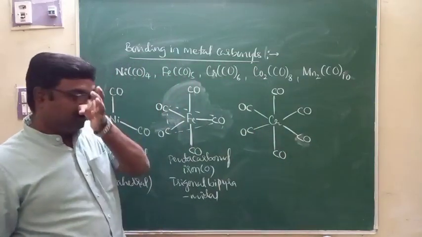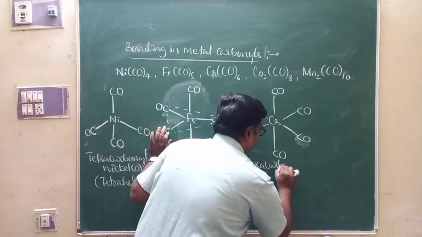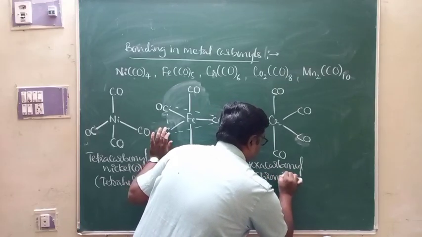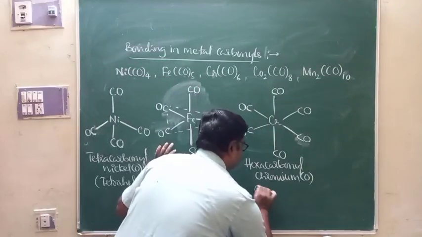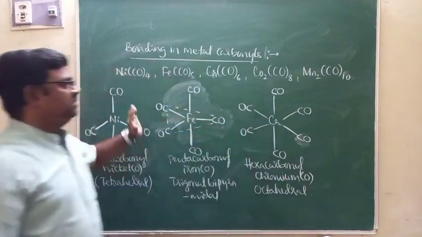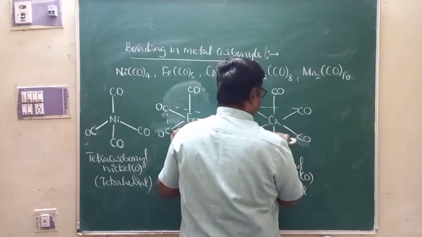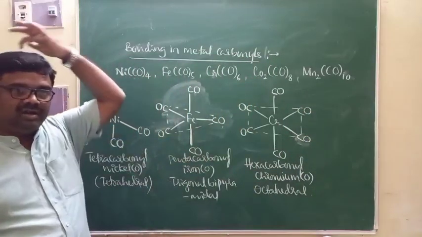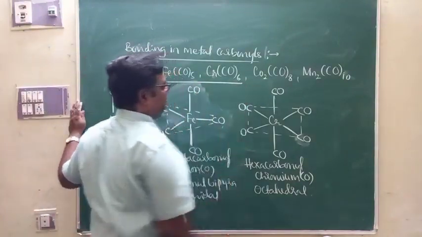This is hexacarbonyl chromium(0), and the complex is octahedral. 4 ligands are in one plane, one ligand is above the plane, and another is below the plane. That is the octahedral geometry of the 3 complexes.